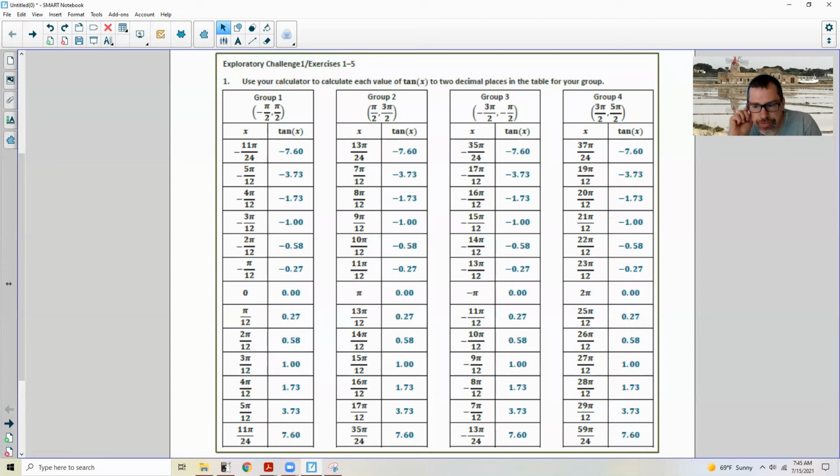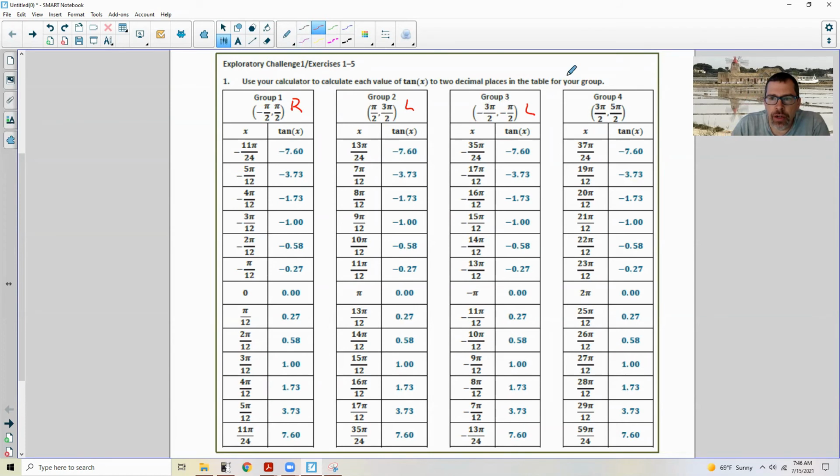Okay, so here are the values. Now notice what happened. If there were 4 different groups, they all should have gotten the same values for these because basically it is just going in different directions. And this was the right side of the circle. This was the left. Negative pi over 2 to negative 3 pi over 2 is the left side of the circle.